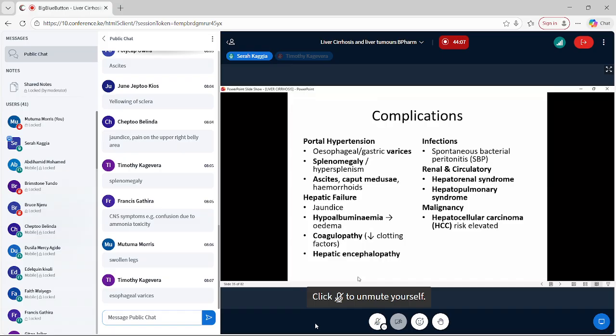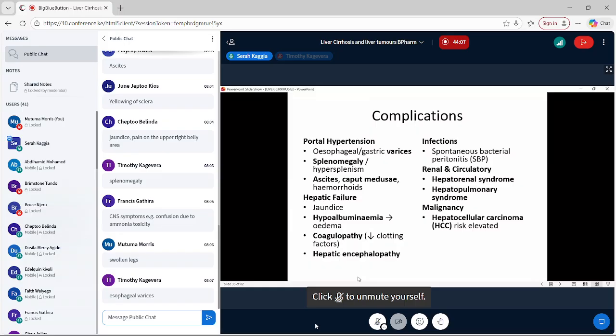You may have hepatic encephalopathy because there's no deamination. The toxins are not being removed, so they're just getting into the brain. You may have infections, the commonest being spontaneous bacterial peritonitis within the peritoneum. You may have renal and circulatory derangements, where we have hepatorenal syndrome or hepatopulmonary syndrome. You go read those.